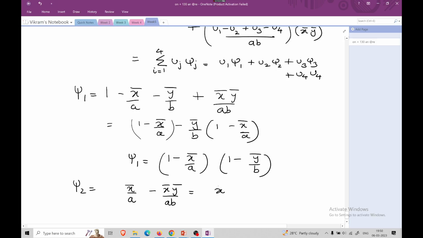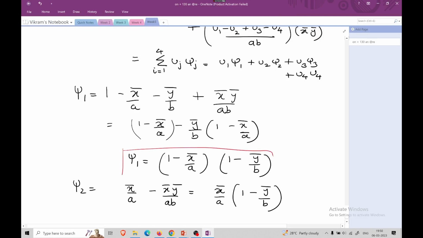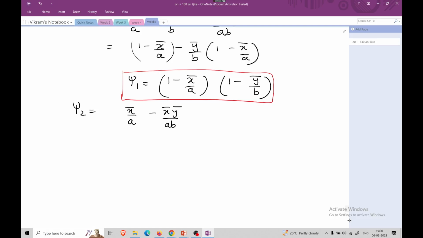So which means x bar by a into 1 minus y bar by b. I'll write in the next line. x bar by a into 1 minus y bar by b.